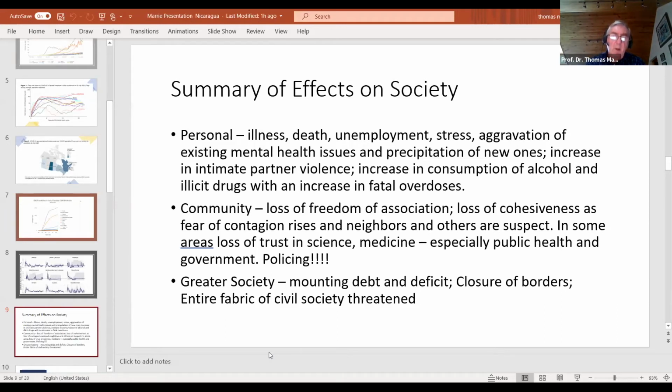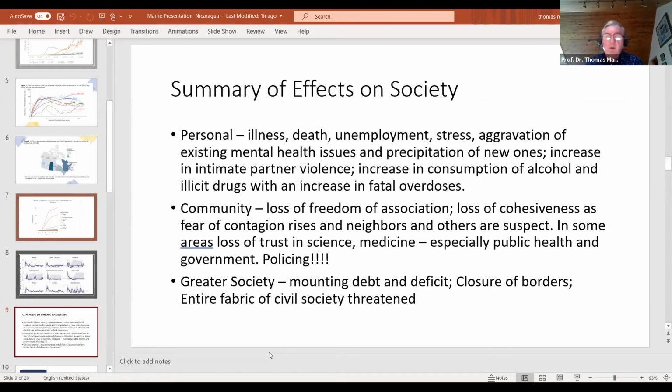If we step back and look at society as a whole, as governments for their countries have tried to cope with the unprecedented effects of COVID-19 by increasing spending, we have mounting debt and deficits.